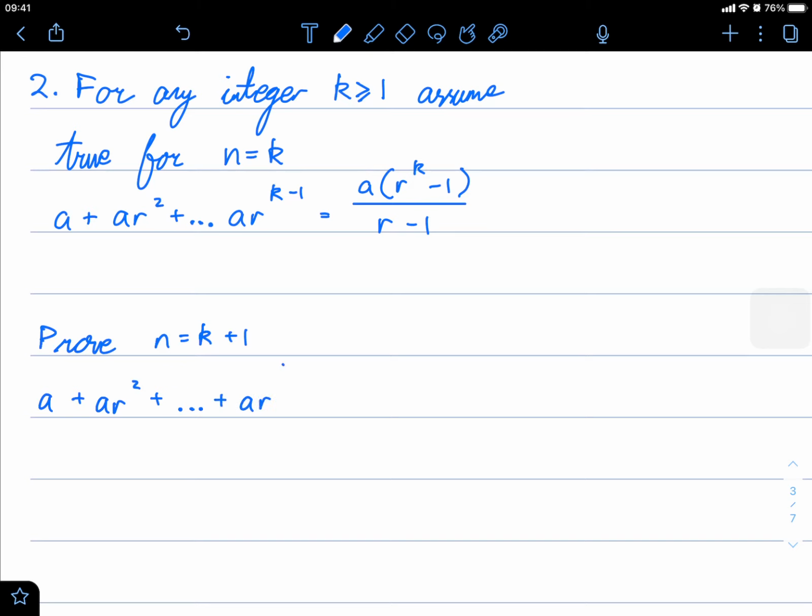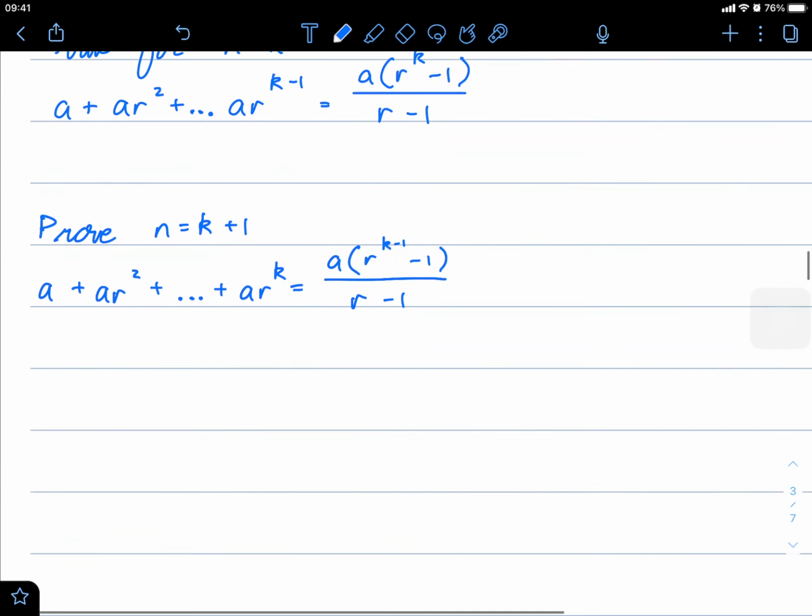Now look at the substitution, because we're substituting n equals k plus 1 where n was originally. So that will leave us with ar to the power of k equals a times r to the power of k plus 1 minus 1 all over r minus 1.